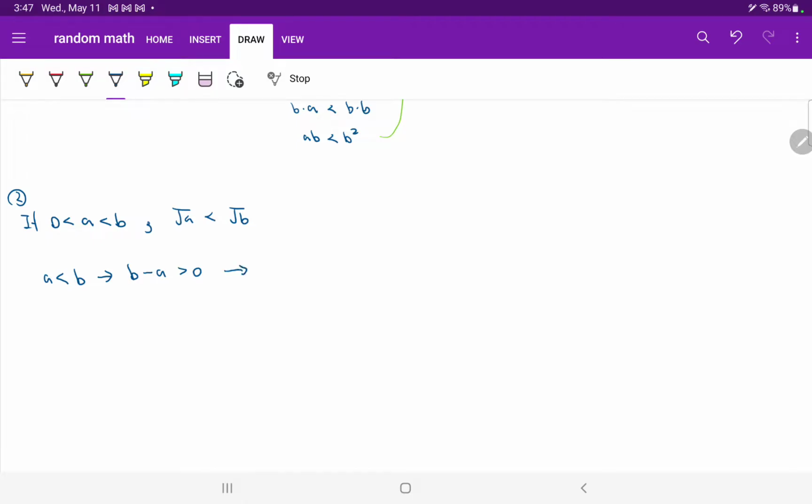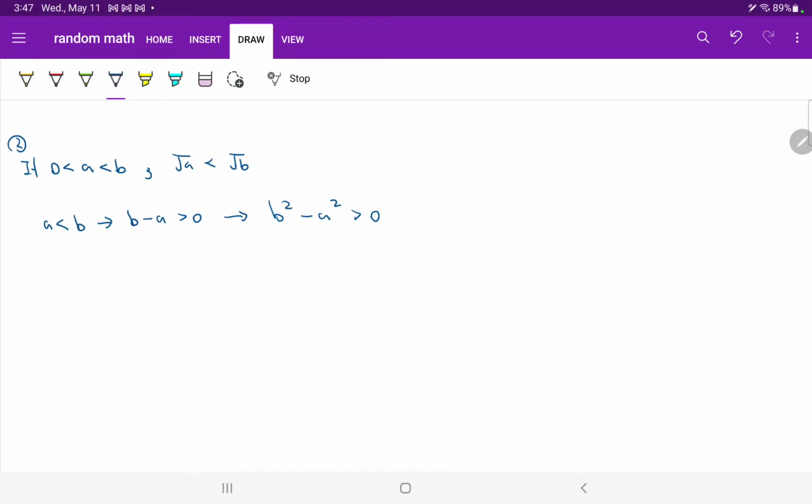So what does this imply? This implies that b squared minus a squared must also be bigger than 0, because you're squaring both of them, right? And b squared is always bigger than a squared because b is bigger than a. Then we want to introduce something that we also learned in algebra: x squared minus y squared is equal to x plus y times x minus y.